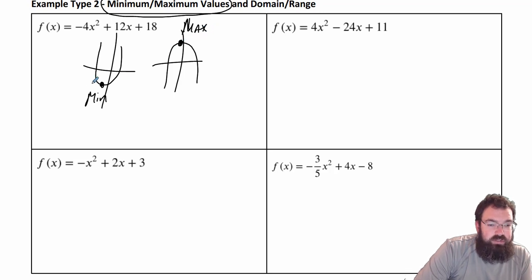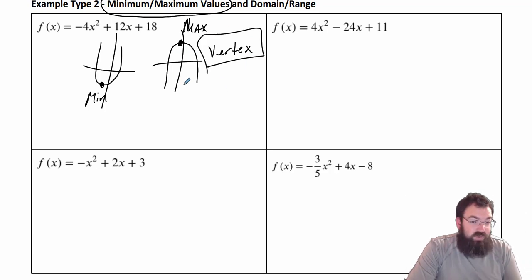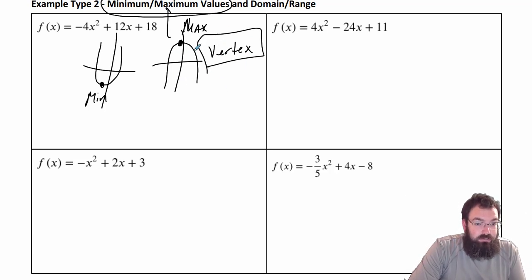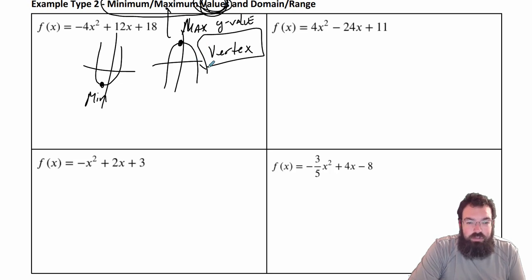Well, what do we call each of these points? That's what we call the vertex. So we're actually going to just find the vertex here. Okay? And the minimum and maximum values, all it wants is the y value. So what is the min-max value? Boom, you're going to find the y value of the vertex. That's all we're going to be doing.